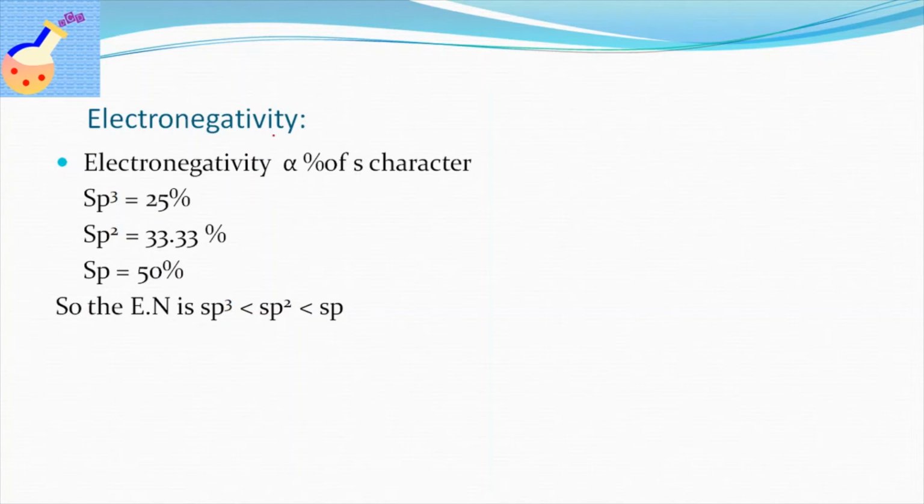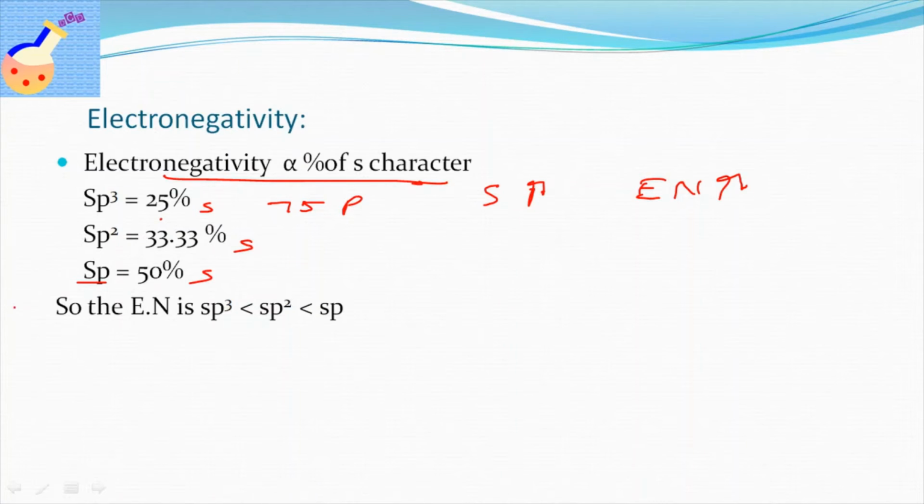First one, electronegativity. Electronegativity has a relation with S character. If S character increases, electronegativity increases. That means electronegativity is directly proportional to S character. The percentage of S character in sp3 is 25%, remaining 75% P. In sp2 it is 33.33% S and the remaining is P. In case of sp, it is 50% S character.